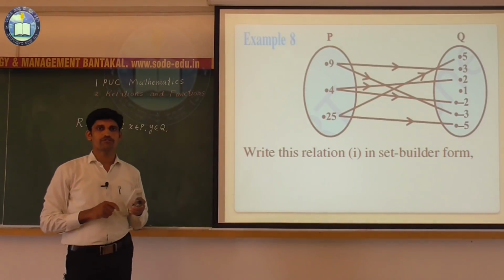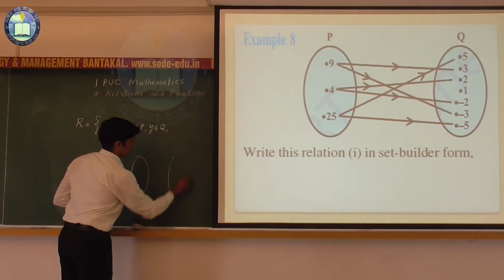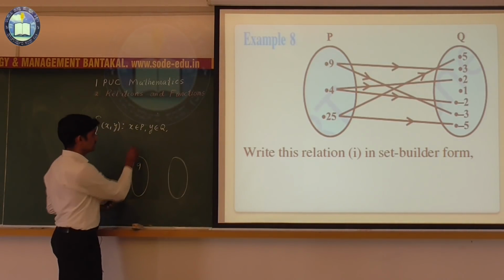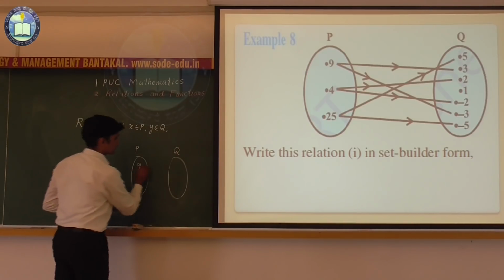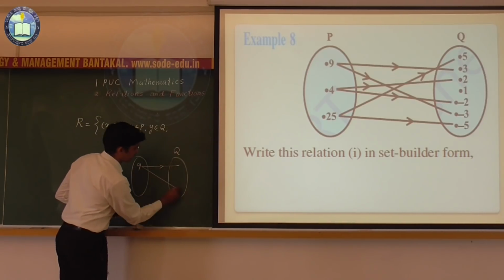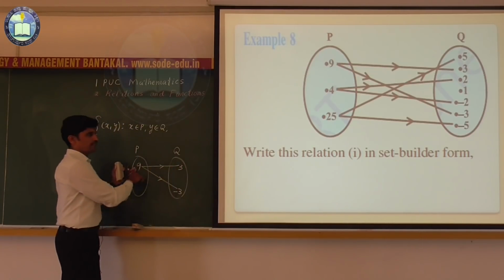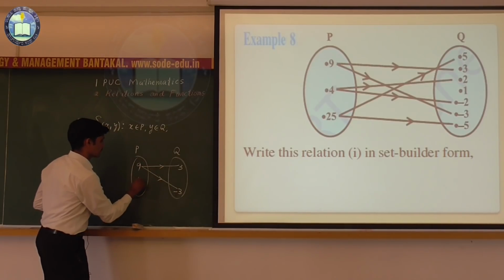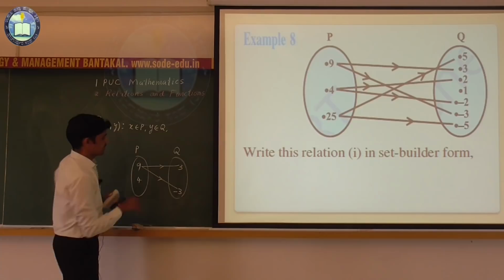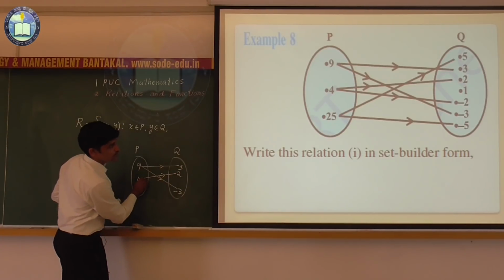Here if you observe carefully, element 9 in set P is related to 3 and minus 3. Image of 9 is 3 or minus 3. Image of 4, if you observe, is 2 or minus 2.